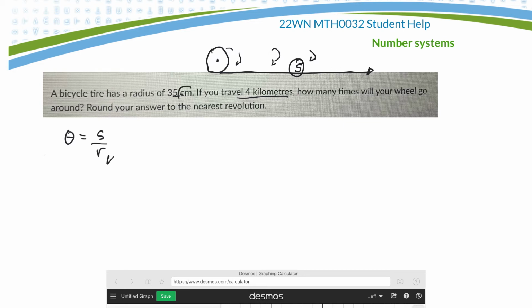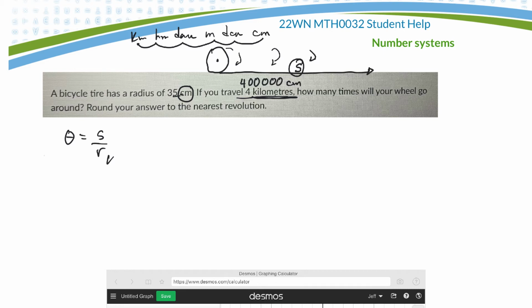Now, I have to convert my centimeters and kilometers so they're the same unit. My units are kilometers, hectometers, decameters, meters, decimeters, then centimeters. So from kilometers I have to go 1, 2, 3, 4, 5, so I'd have to add 5 zeros. There we go.